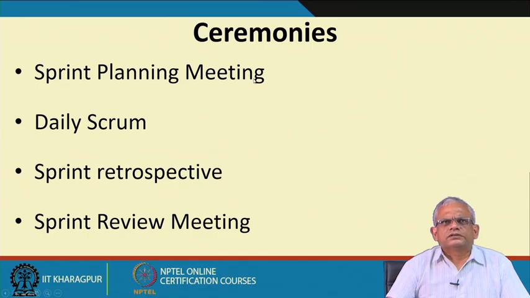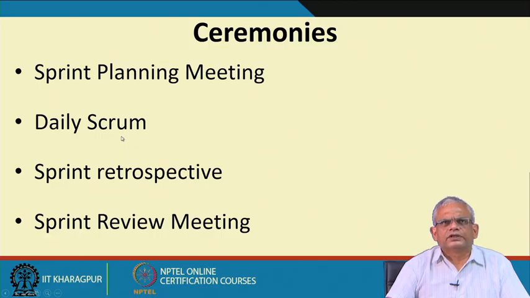The ceremonies are the meetings, and there are 4 important meetings that are mandated here. One is the sprint planning meeting, which occurs at the start of a sprint. Here the sprint backlog is formed from the product backlog, the features to be developed during the sprint. The daily scrum meeting is a daily meeting during a sprint.